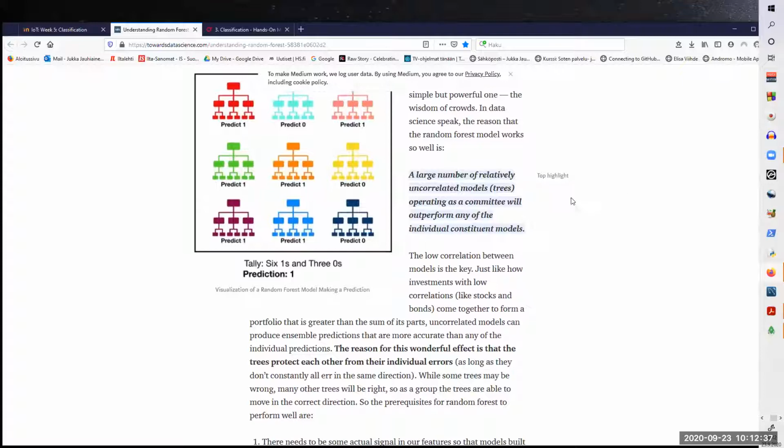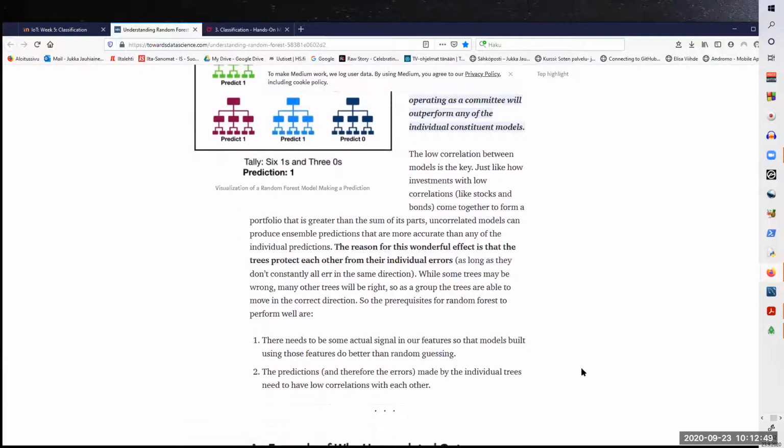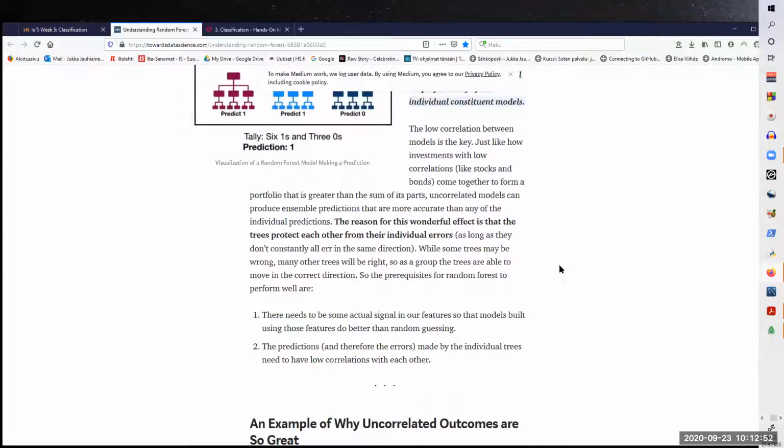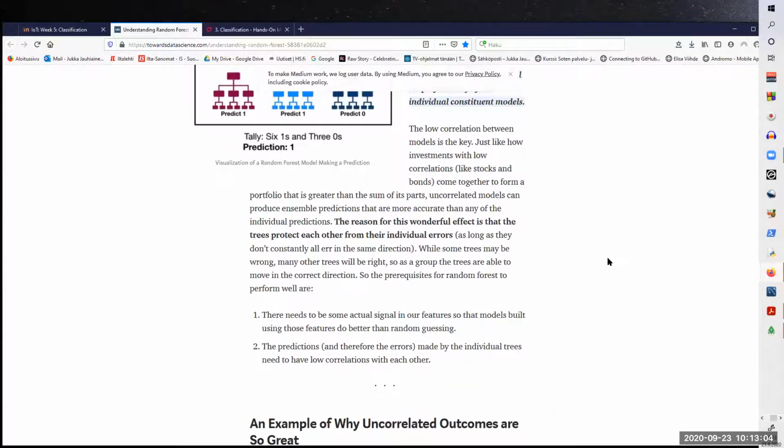So if there's a low correlation between the models, then when you have a very large number of these randomized models, the large number of them will predict the result correctly. While some trees may be wrong, many other trees will be right. So as a group, the trees are able to move in the correct direction.